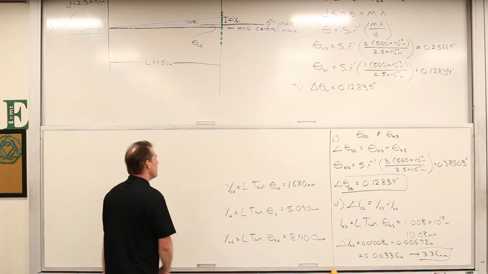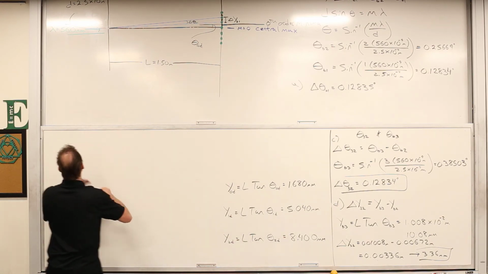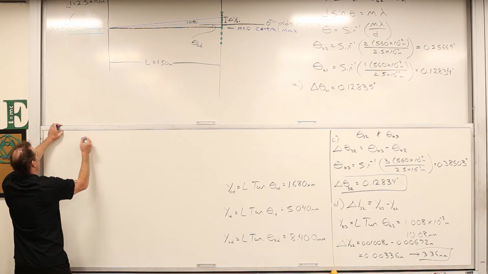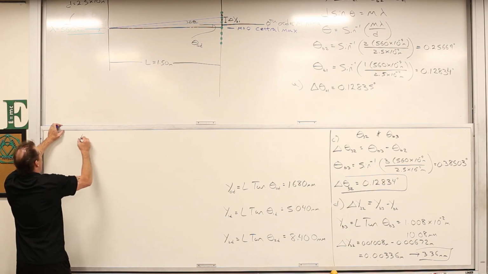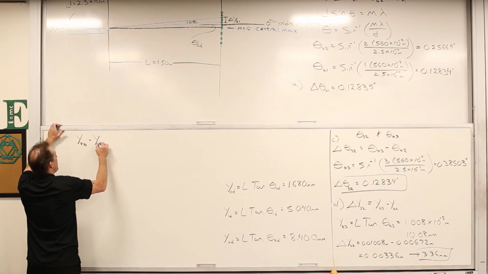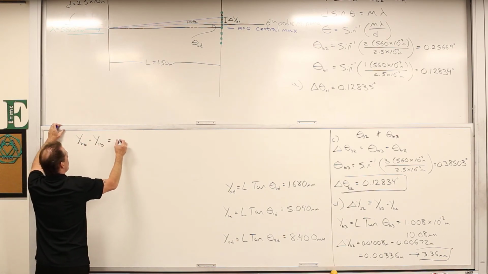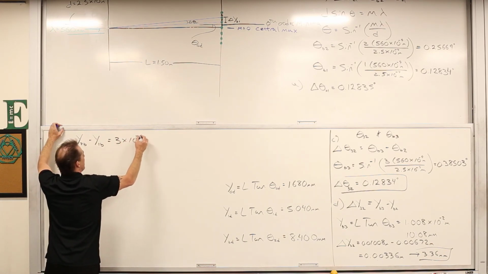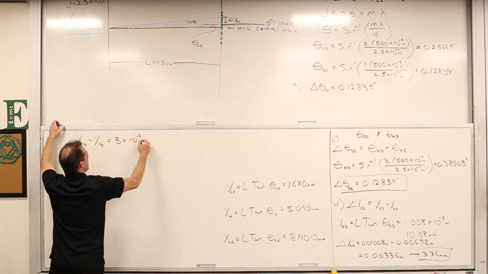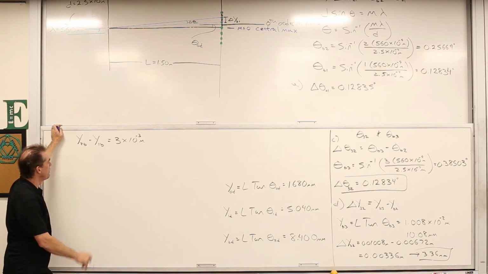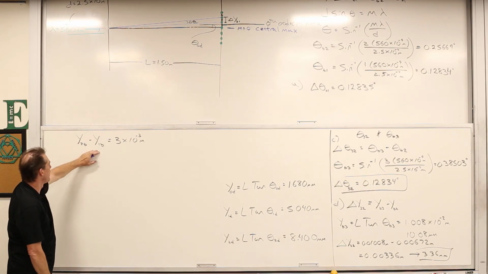That's unchanged. So what do we want? Well, again, we want that y2 bright minus y1 bright is equal to 3 times 10 to the negative 3 meters, 3 millimeters.